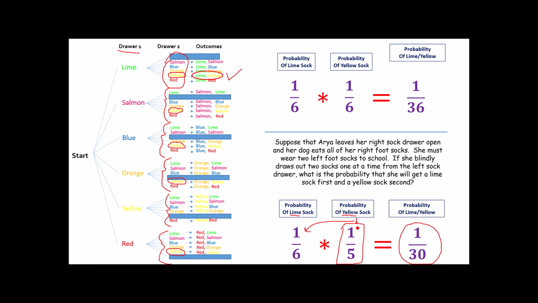This is called a dependent event. I think I have that defined on the next slide. The first event was independent because what happened to the first draw here, when I pulled a sock out of the first drawer, it didn't affect or influence what was in the second drawer. Down here, it's dependent because what happened in the first drawer affects the second draw.